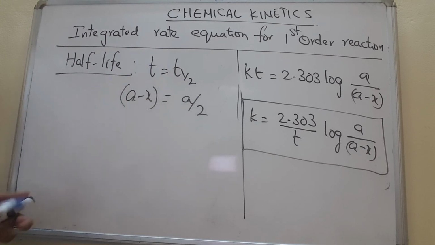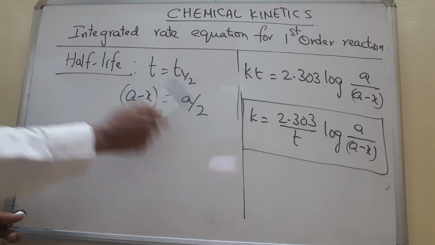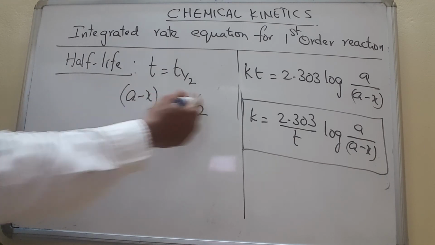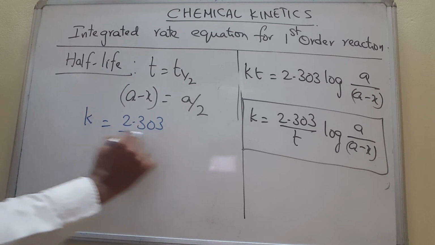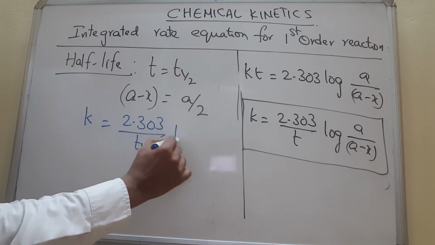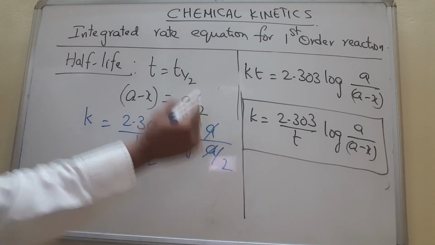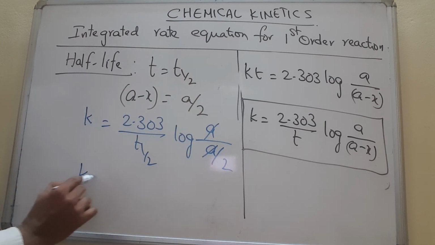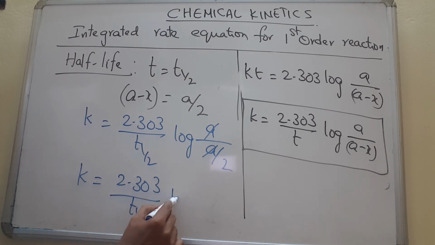That means a by 2. At time t, the concentration is equal to half of the initial concentration. These two are substituted here. We get k is equal to 2.303 by t half log of a by a by 2.